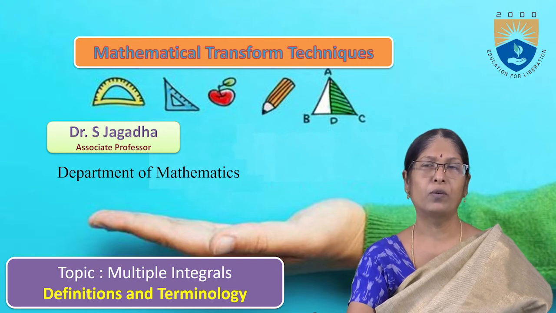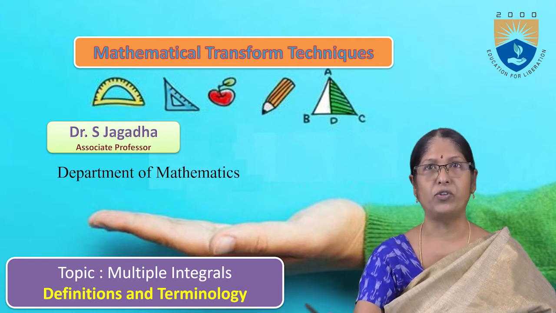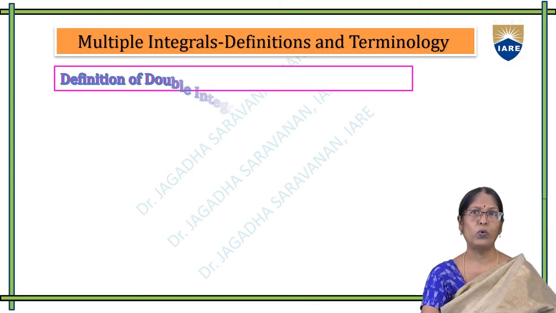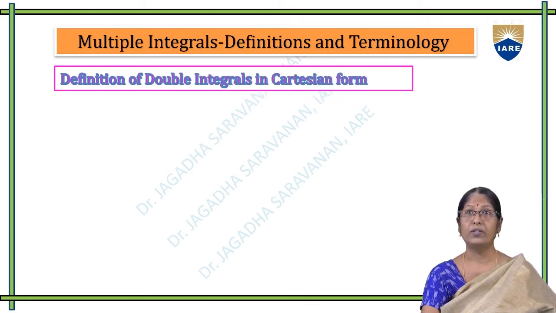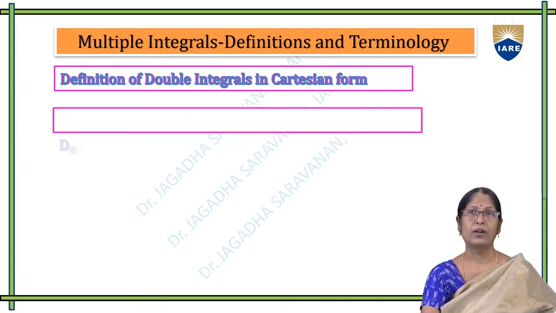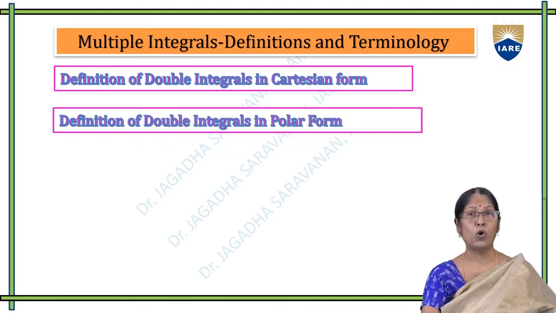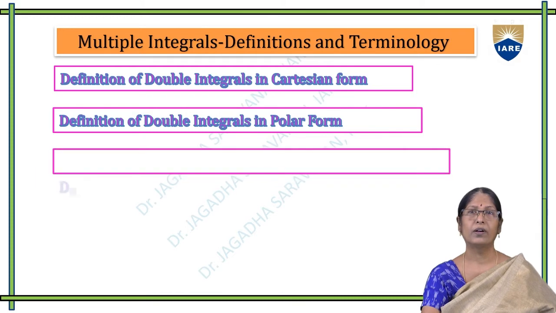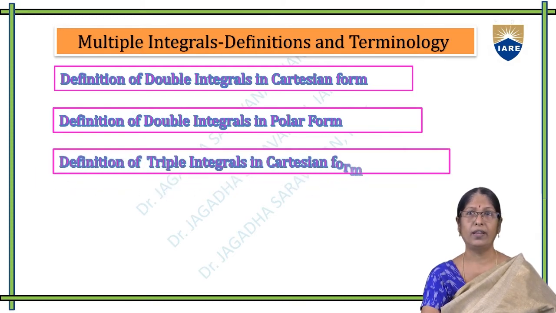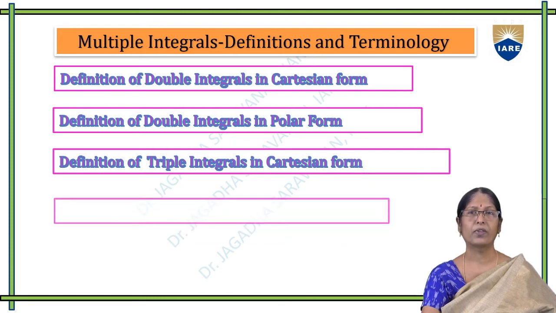Today, the topic we have selected is definitions and terminology regarding multiple integrals, in which we will discuss in detail the definition of double integrals in Cartesian form, definition of double integrals in polar form, definition of triple integrals in Cartesian form.